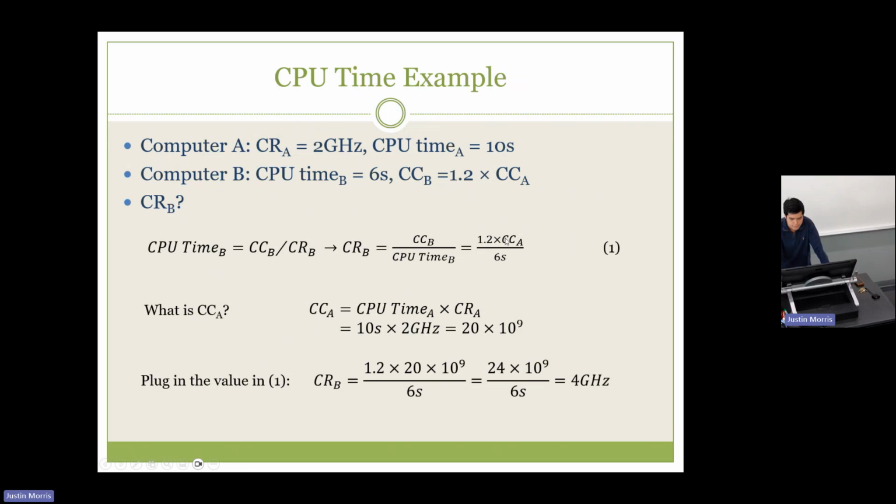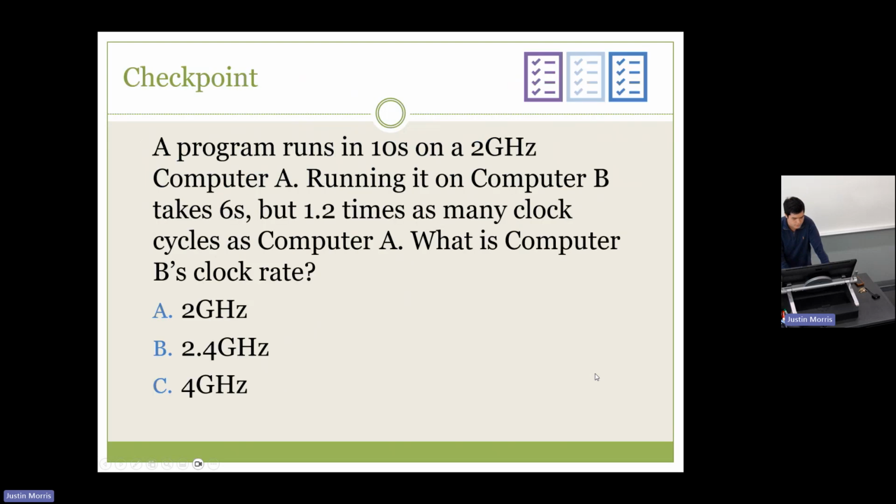So we plug that in here, and for CPU time, we know we're targeting 6 seconds. So we have 1.2 times 20 times 10 to the 9 divided by 6. So 24 times 10 to the 9 divided by 6. 24 divided by 6 is 4. And then 10 to the 9 gives us gigahertz. So we are at 4 gigahertz. So your answer is C.